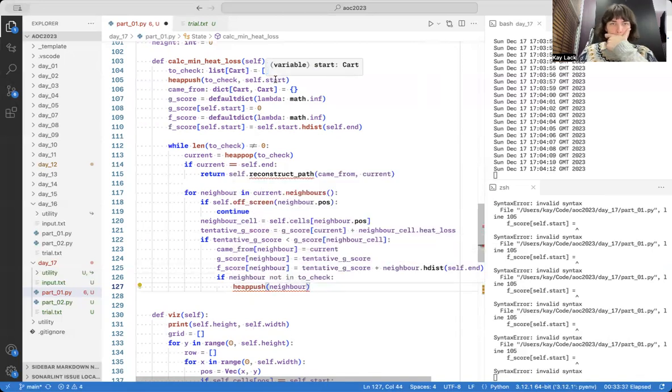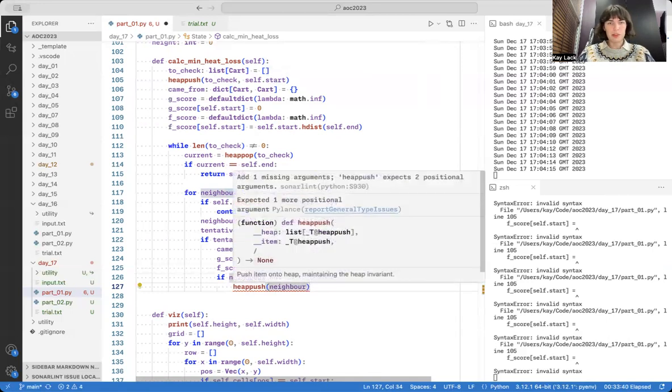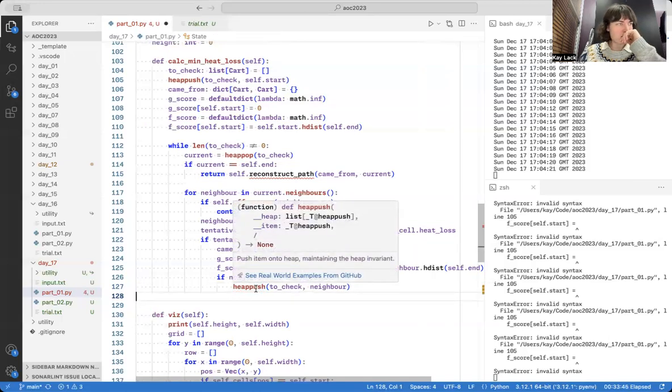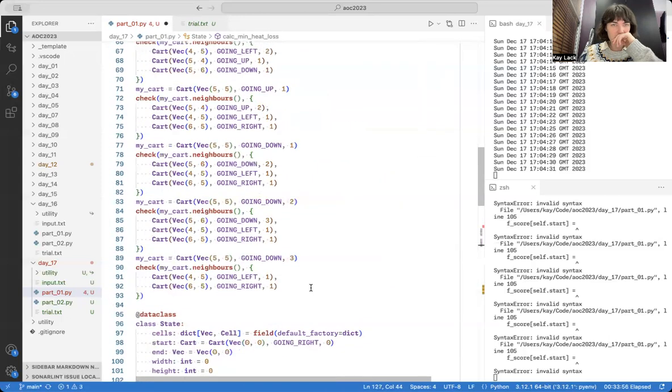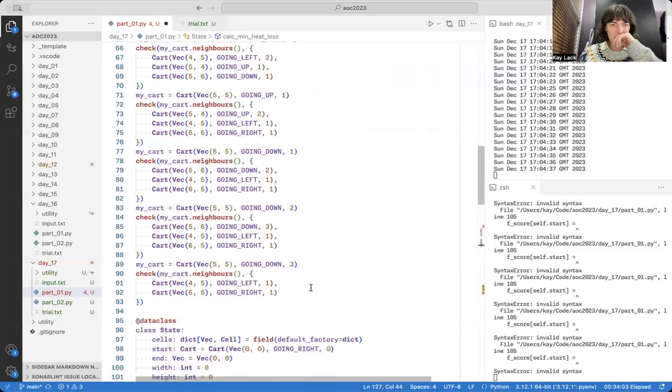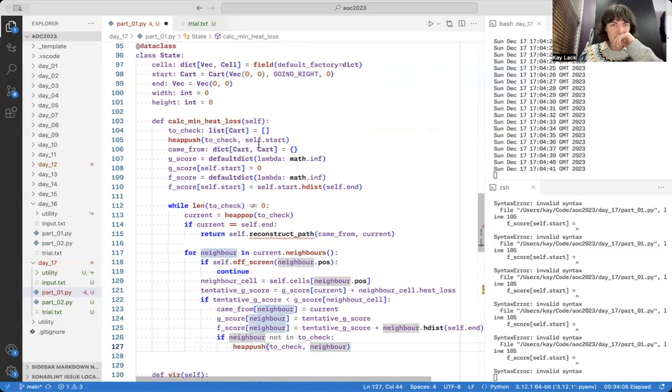Neighbor. No, to check neighbor. We really want to order by the heuristic. That's the tricky part here.